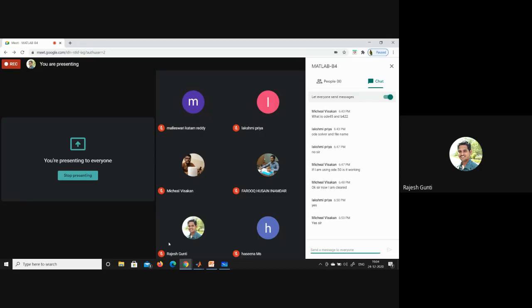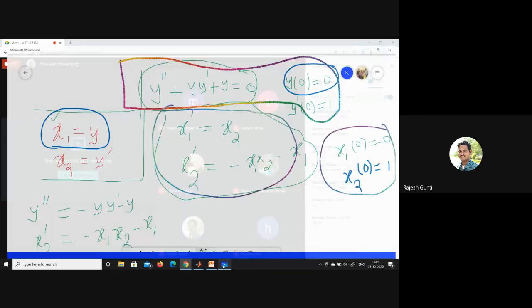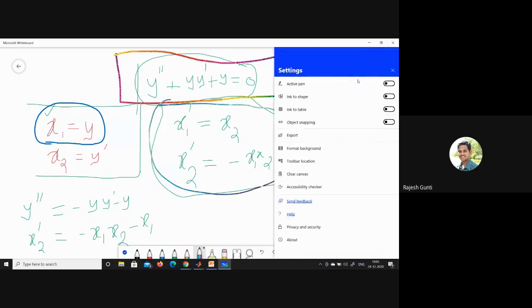Two things I explained here: I wrote a program, and I also solved the differential equation using solvers. Now with this, I'm closing this differential equation.